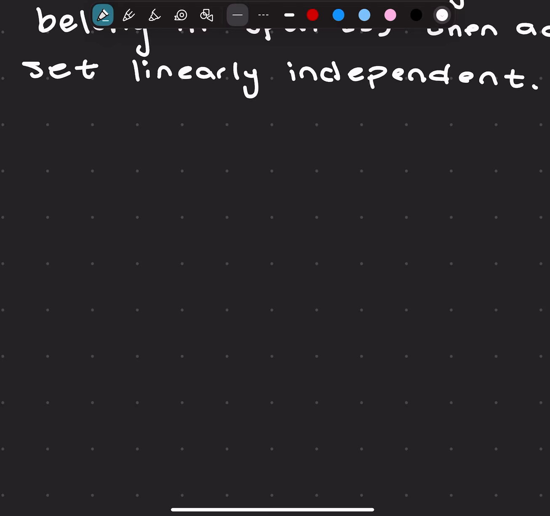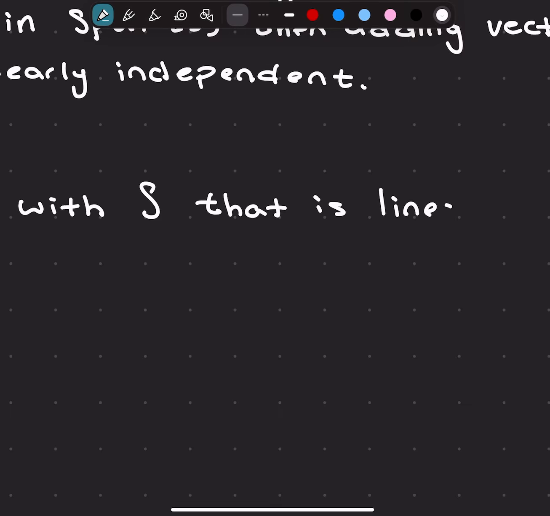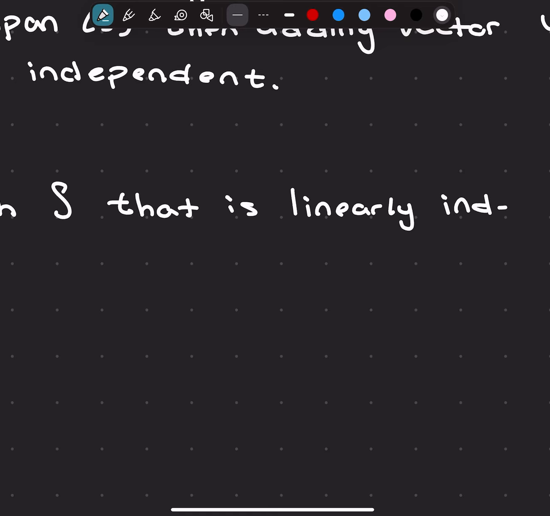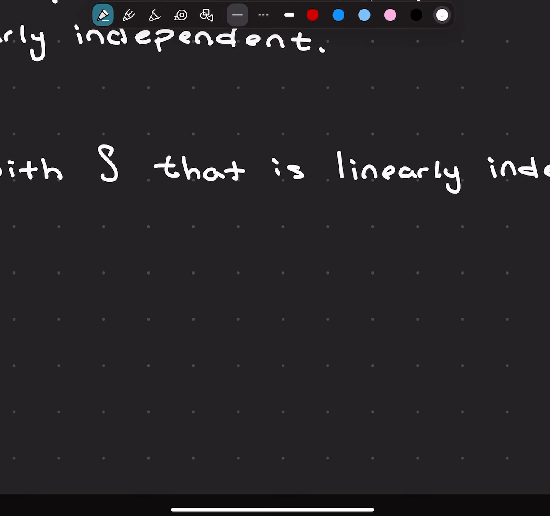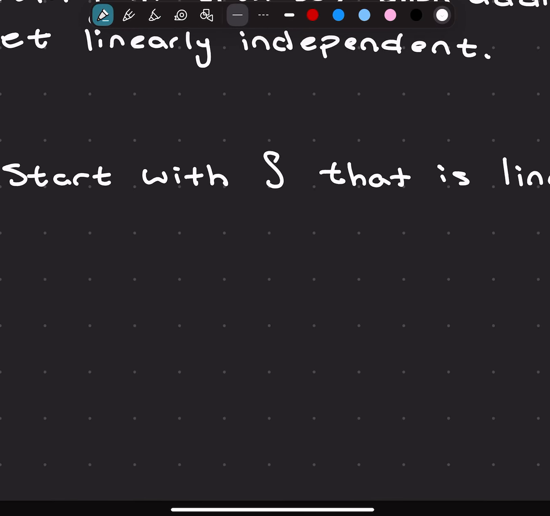Now, here we start with the set S that is linearly independent. We then want to add a new vector v.